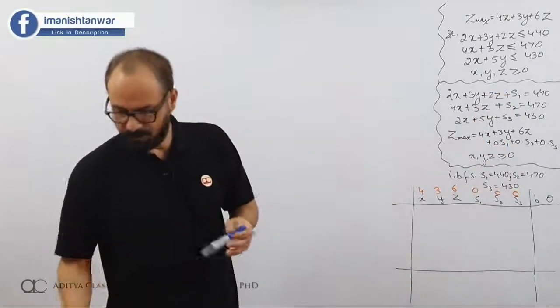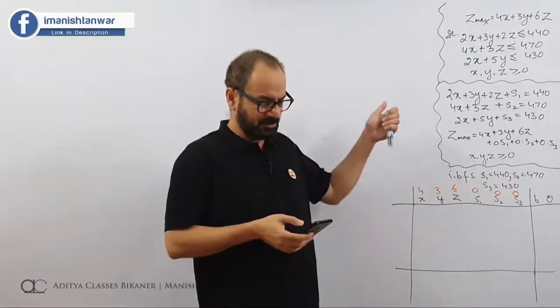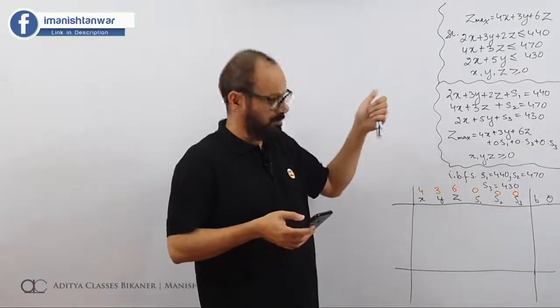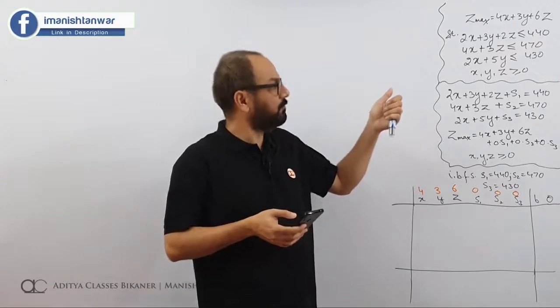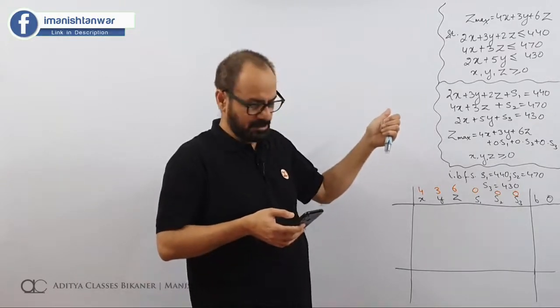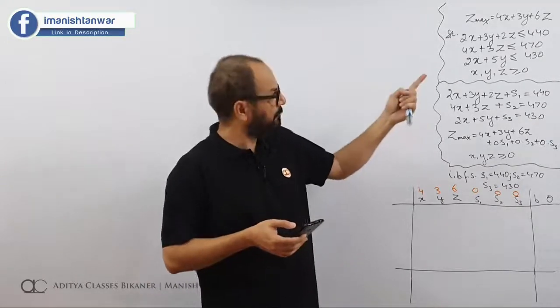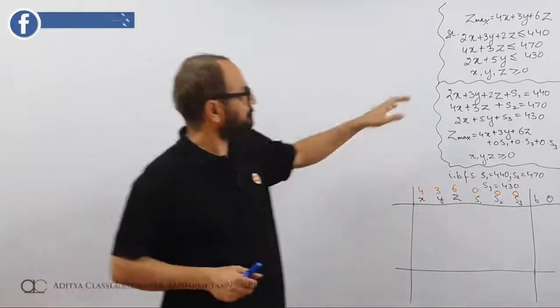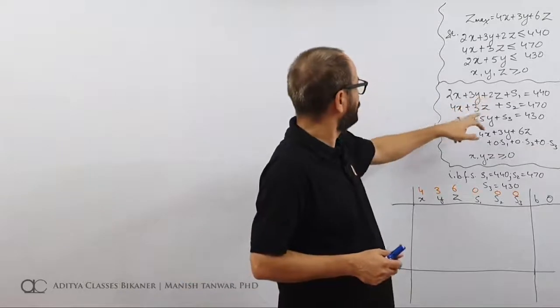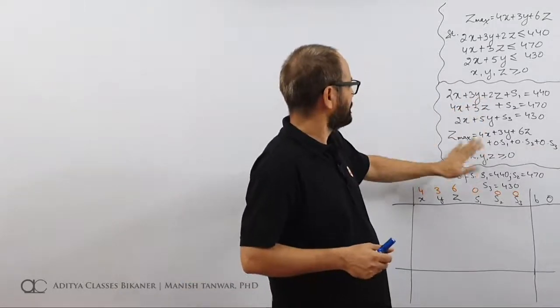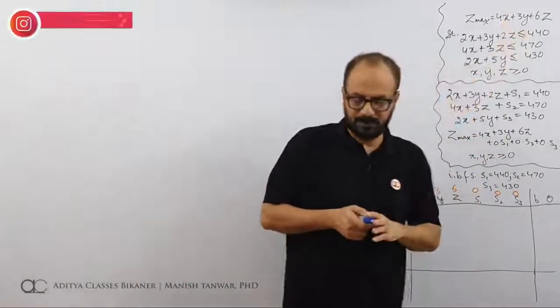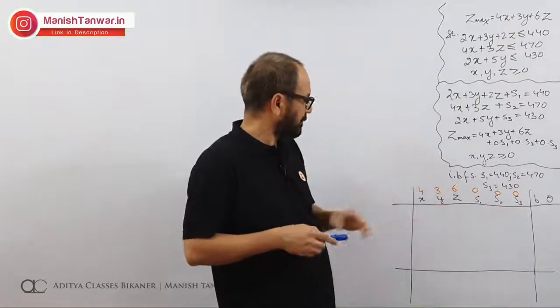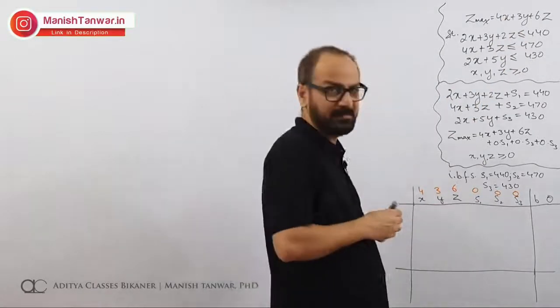So we have 436, 232, there is a 4, 3, then there is a 2, 5, we have 440, 470 and 430. So this is the problem. Everything has been updated. These were some errors. Now let me prepare my initial simplex table.